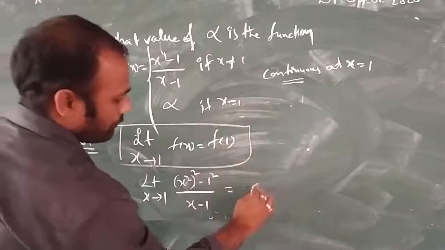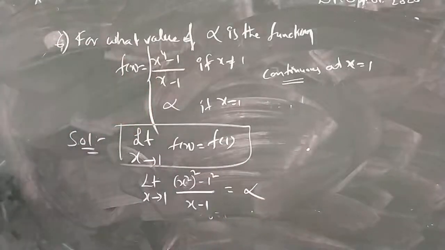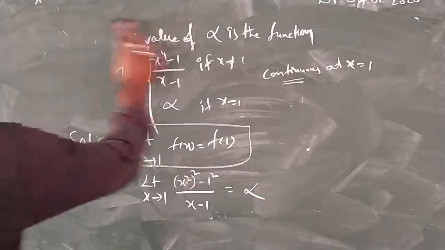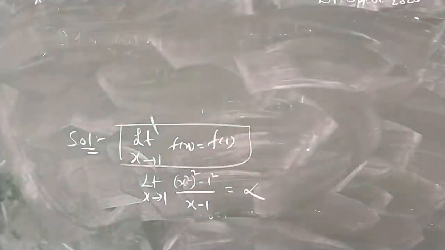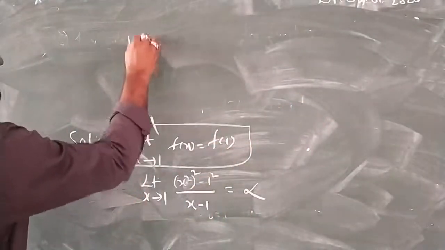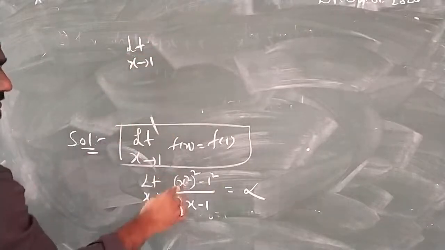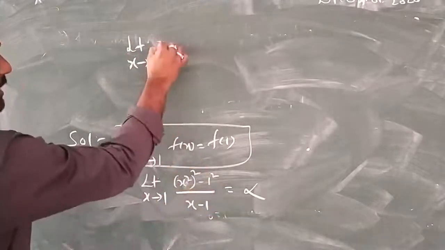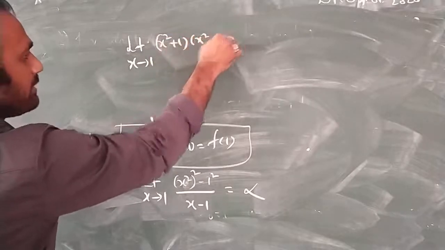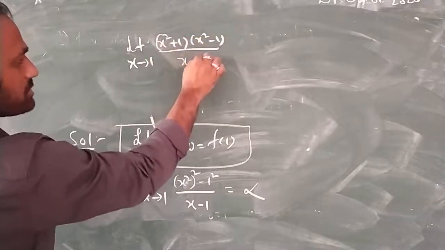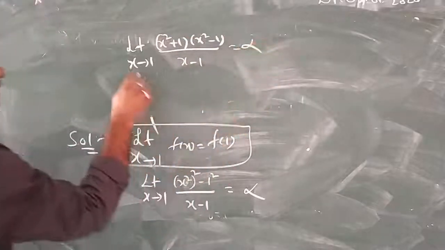At 1 it will be alpha. Next step, limit x tends to 1. It is in the form of a square minus b square. We can write it as a plus b into a minus b divided by x minus 1 equals alpha.